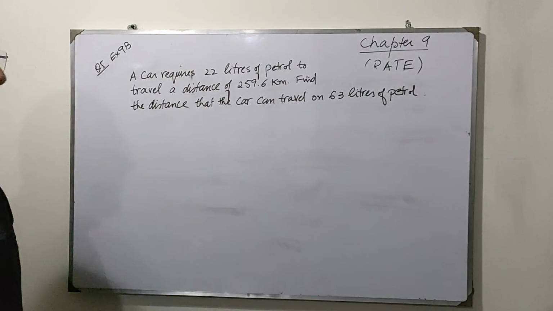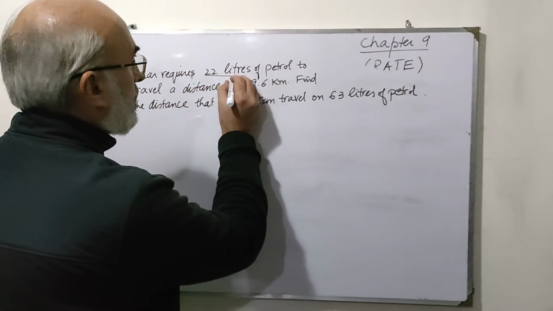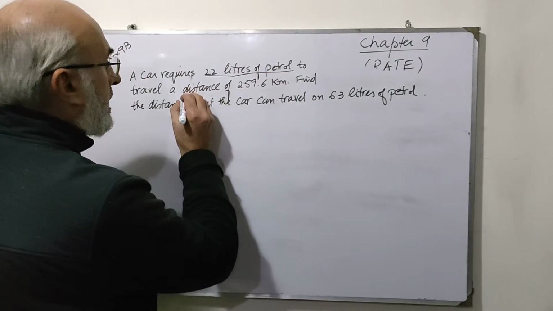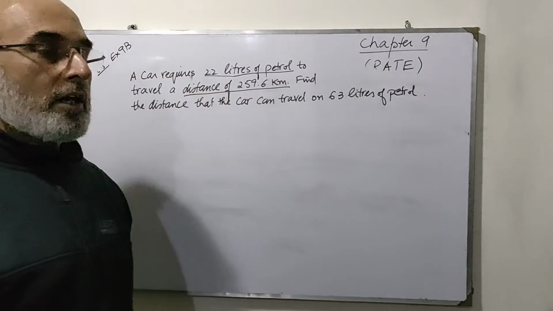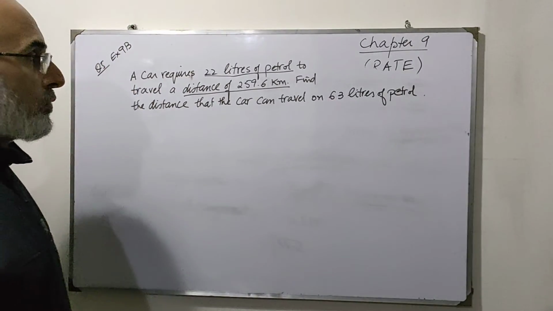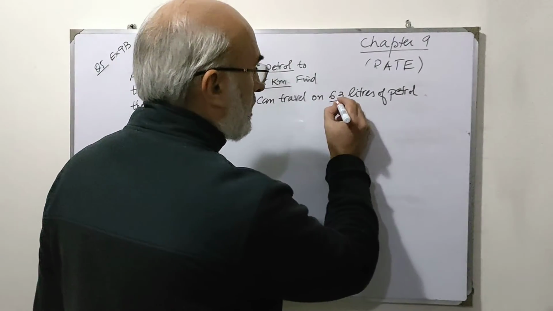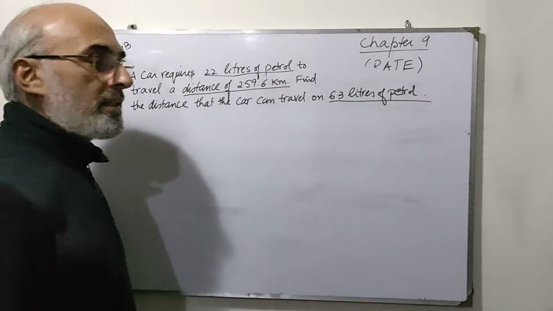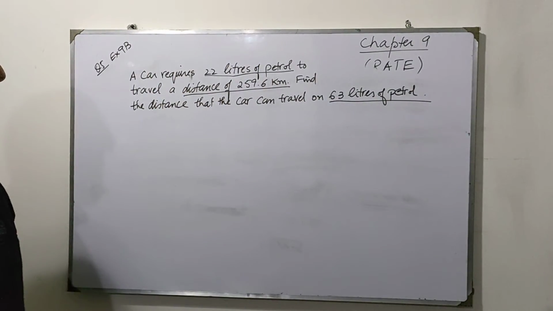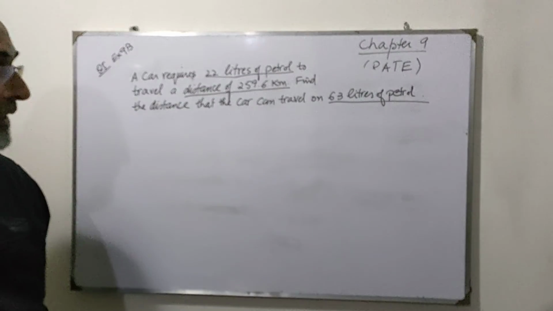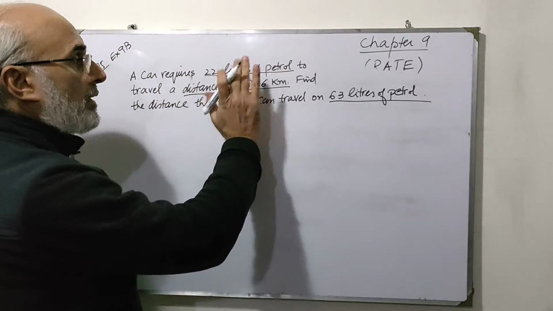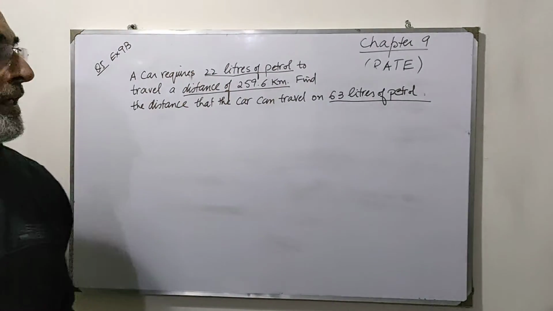So the given thing is 22 liters of petrol and the distance covered is 259.6 kilometers. And what do we have to find? What the car can travel in 63 liters of petrol. Okay. Now you can see that the units are comparing two quantities. Units are different. One is in liters, another is in kilometers.